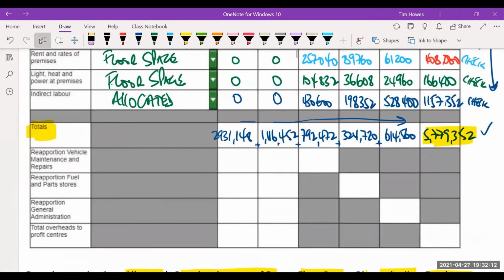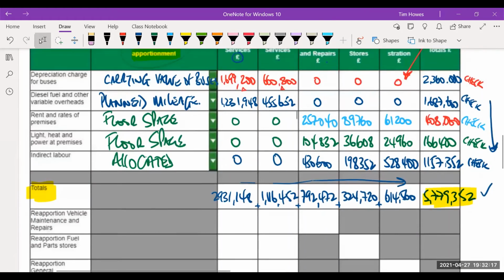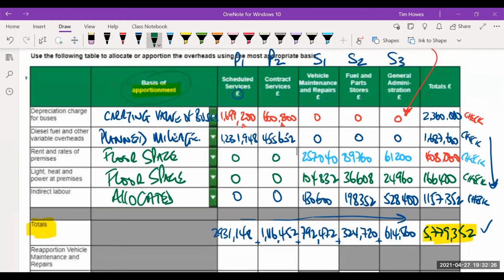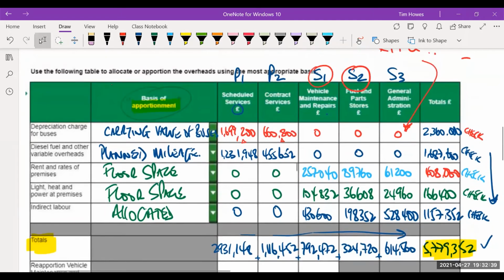All right. Great. So that is allocation and apportionment, or in this case, it was lots of apportionment and a bit of allocation. Once we've done that, remember, linking you back to what we talked about before, what we've now got to do is get the costs which have found their way into the service or support centres into the production centres.